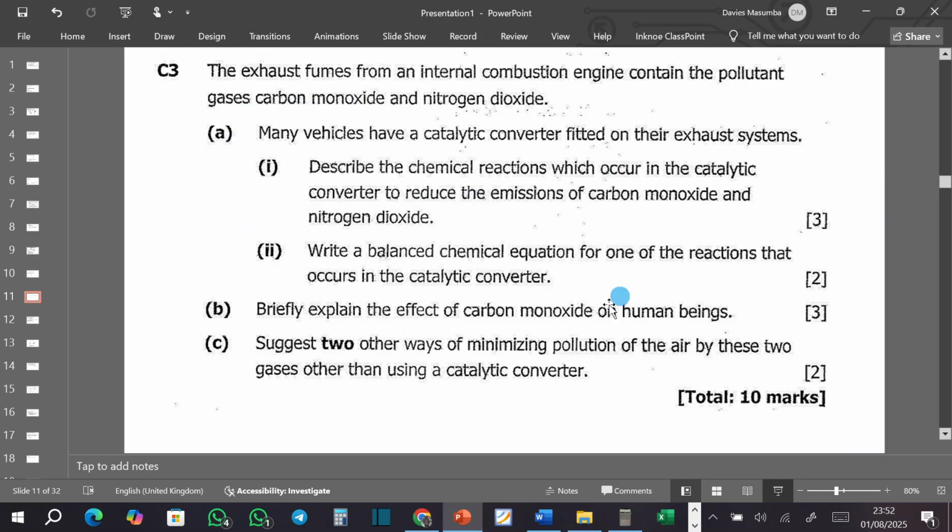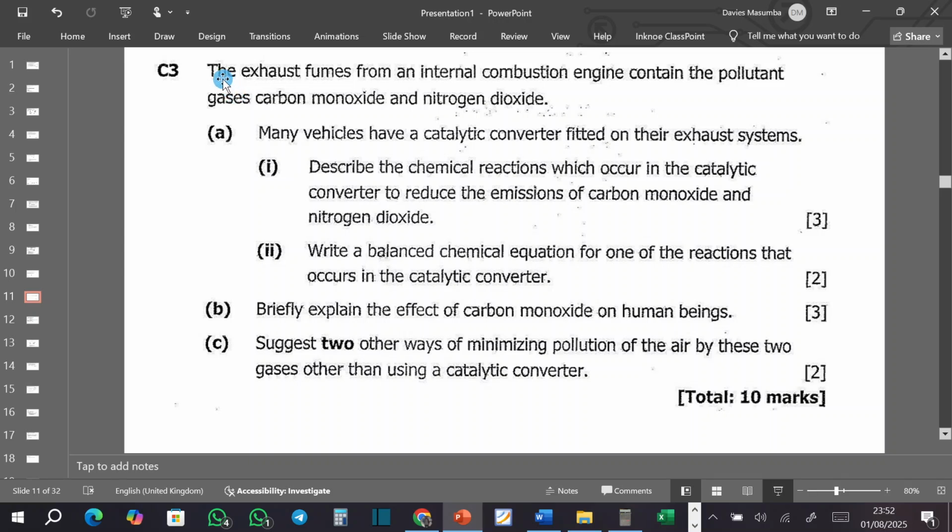So even questions like these are not in the syllabus, but you would find that they bring them because they are cross-cutting issues. They were, I think, in the old syllabus, which we stopped using in 2013.